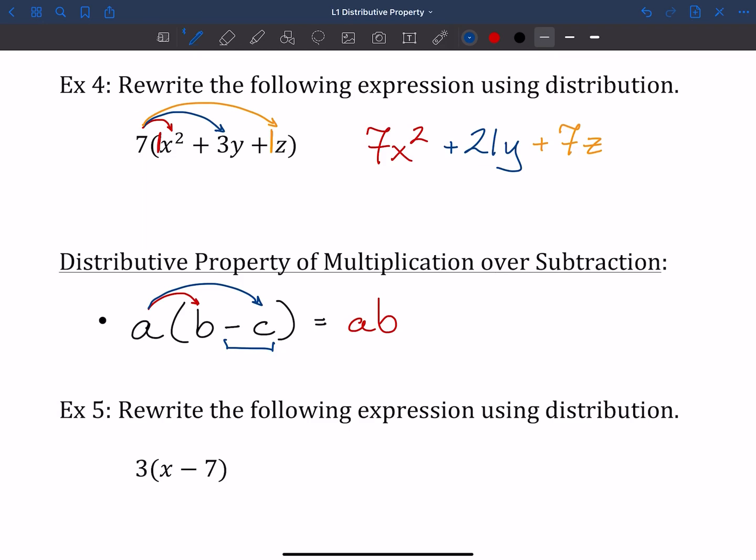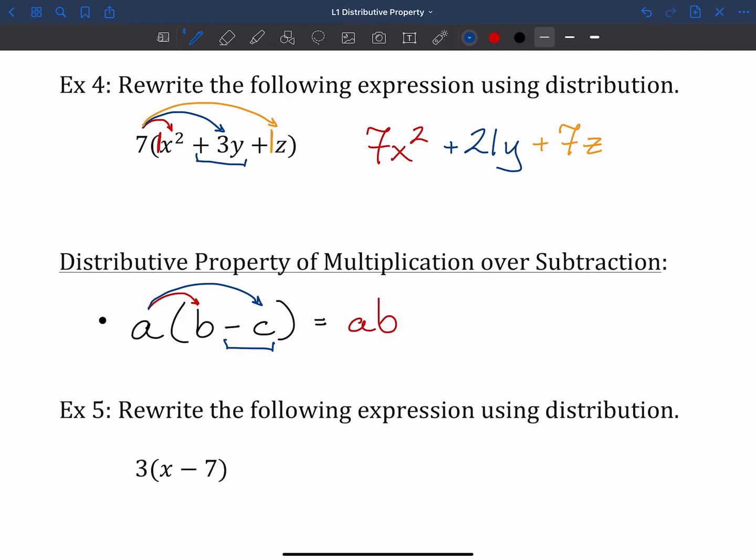You might have noticed that in the previous ones, when we did 3y in example 4 that's still on the screen, it had a plus sign, so it was a positive 3. That 7 on the outside times that positive 3 gave us positive 21. Same thing goes for that plus 1z. It was a positive 1, so it turned out to be positive 7 at the end when we multiply.